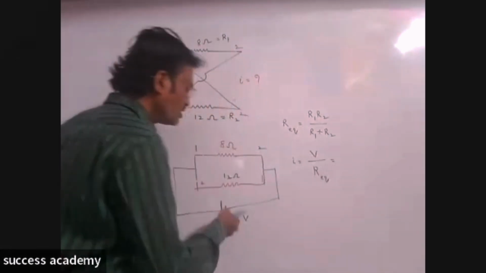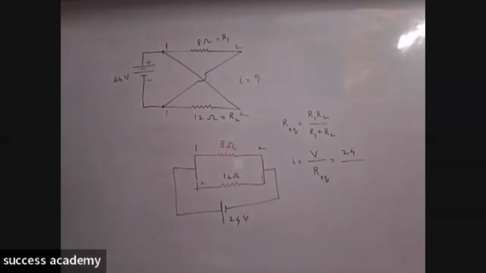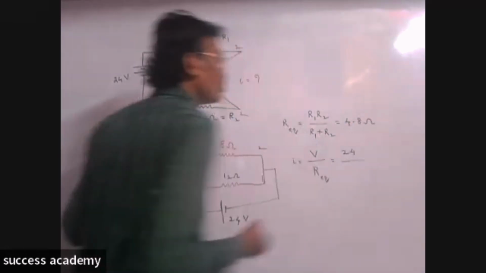What is the V? 24. And that R equivalent is nothing but 8 into 12 by 8 plus 12. If you calculate, this value is 4.8 ohm.